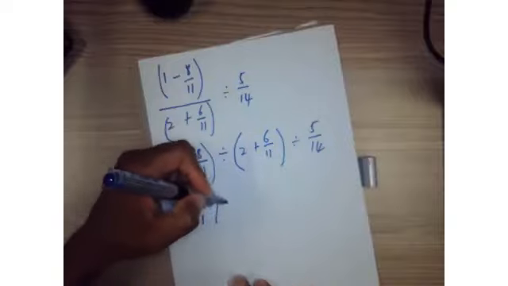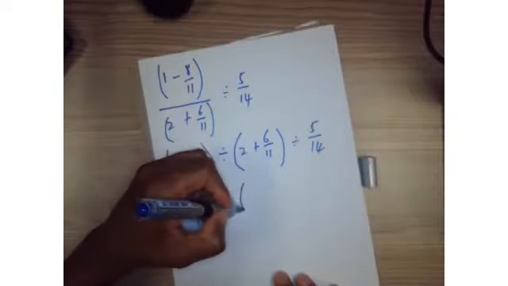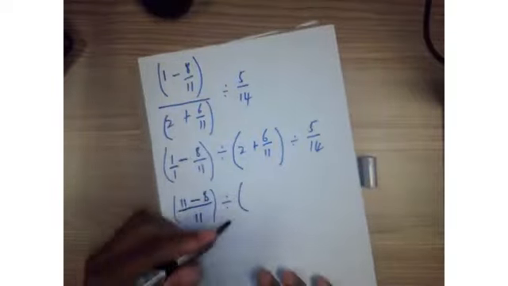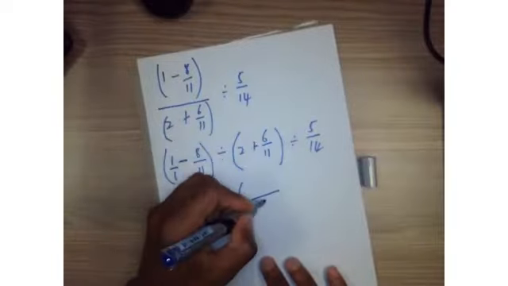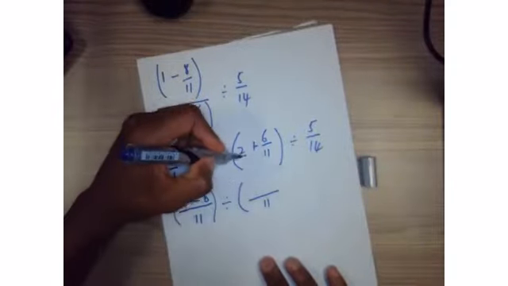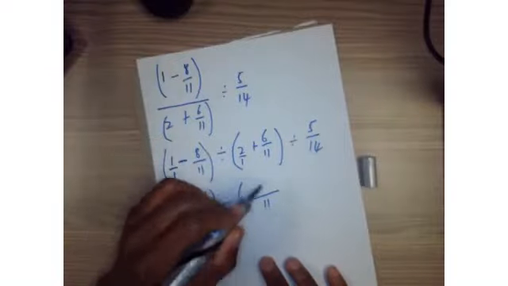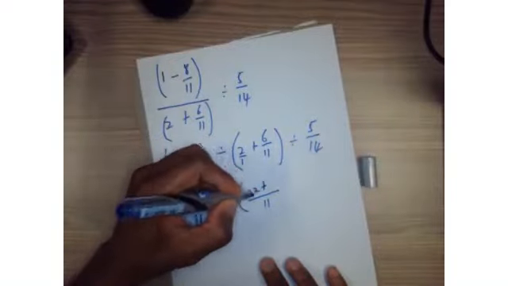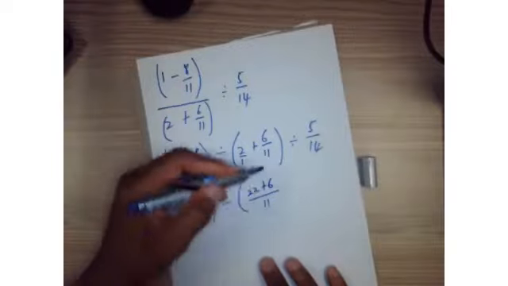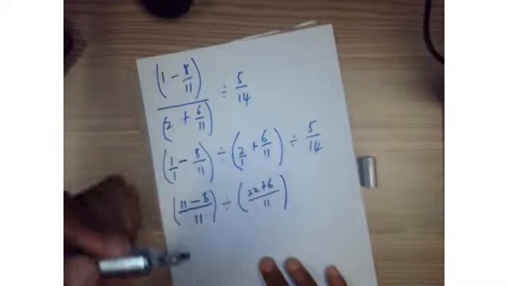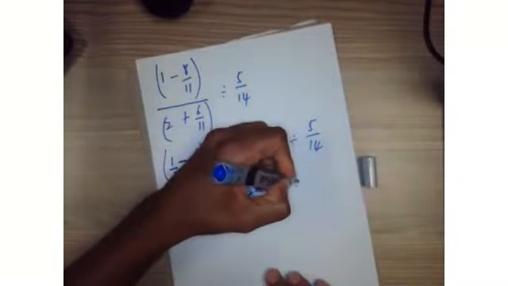Divide by, please don't lose me here. So you do the same here, right? 11 times 2, 22 plus 6, right? And then divide by.